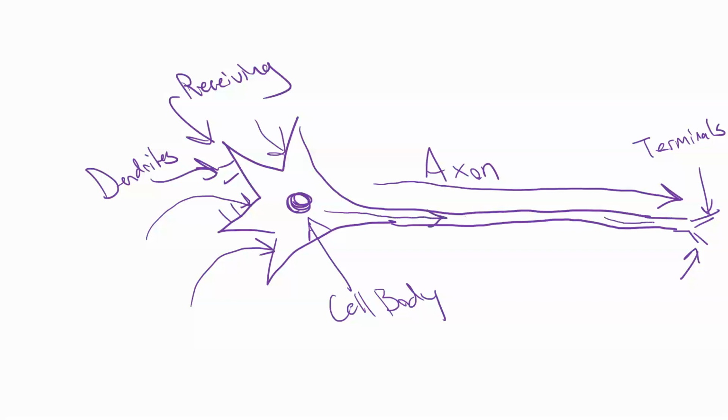That electricity will go all the way down to the terminals, and then it will cause more chemicals to be released, which, if attached to another neuron, would then stimulate that one to continue the chain. So I often think of neurons being like dominoes, where they fall, and as they fall, they knock the next one down, and then the next one, and through all of them being knocked down, they carry a signal from one place to another.